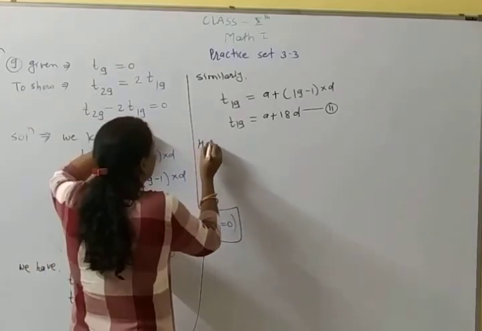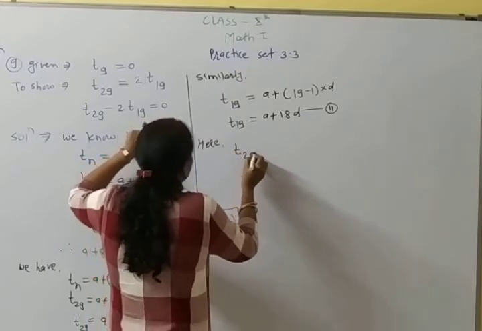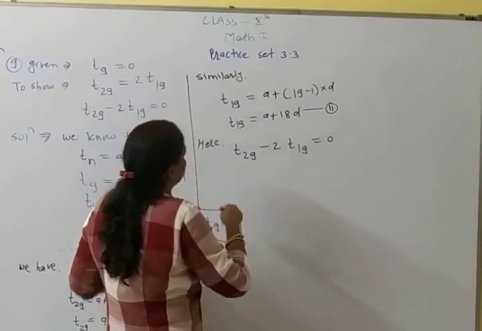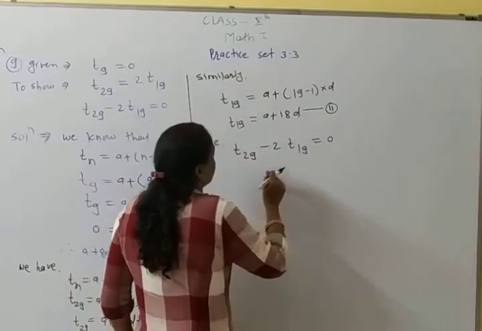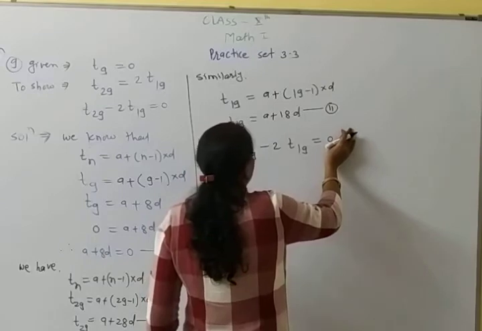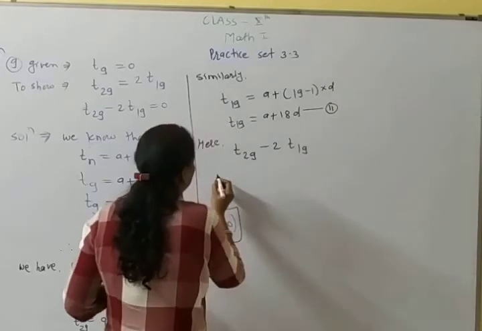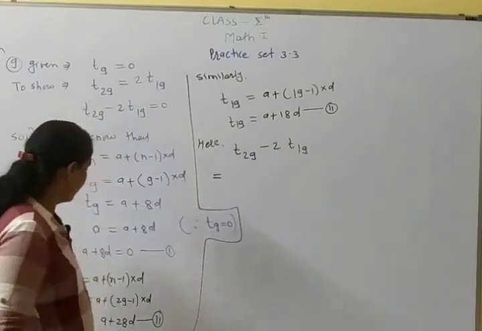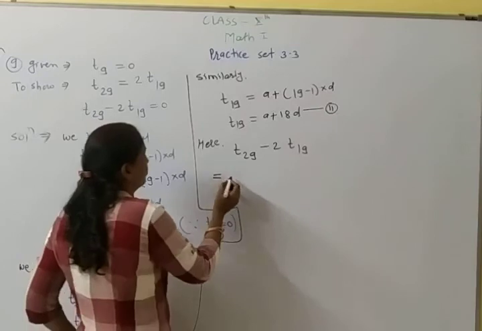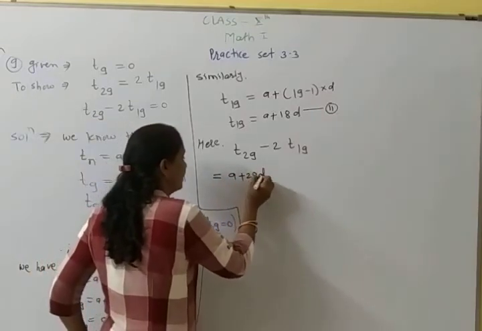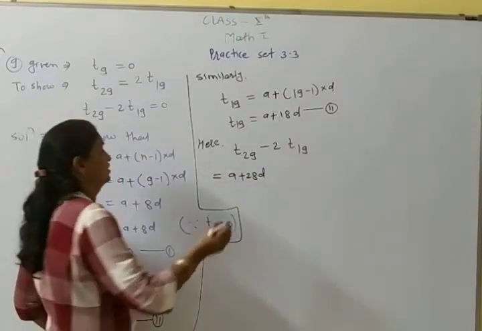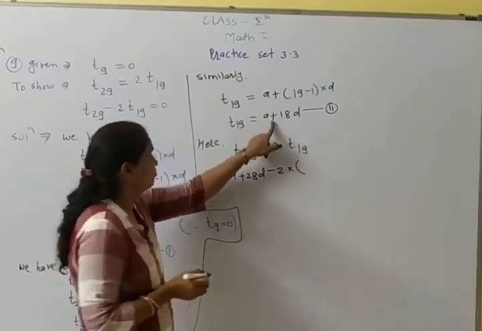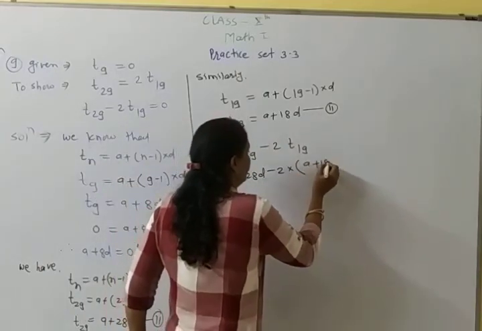So T29 minus 2T19 equals A plus 28D minus 2 in bracket A plus 18D.